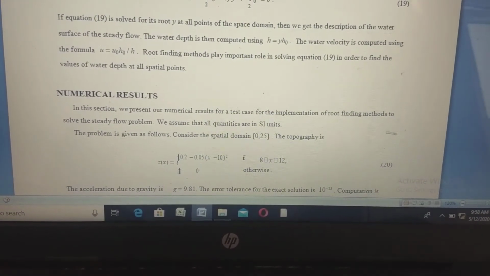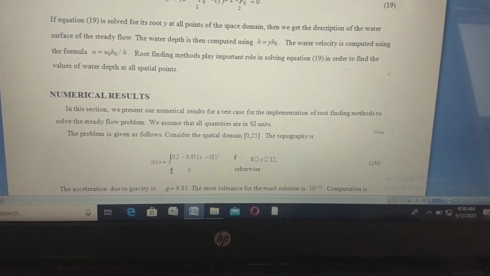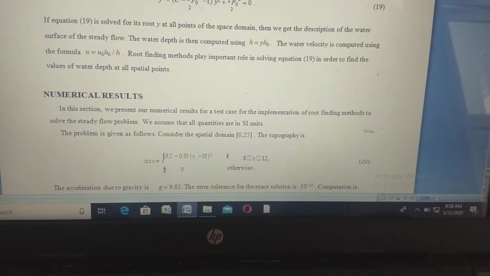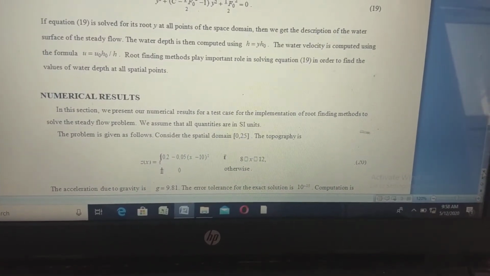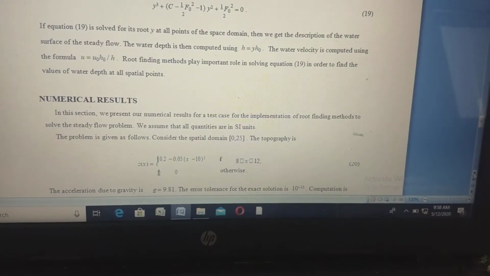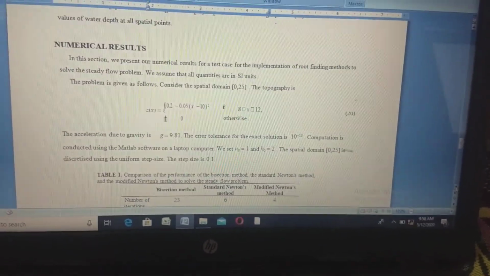The water velocity is computed using the formula u equal to u naught h naught by h. Root finding methods play an important role in solving equation 19 in order to find the values of water depth at all the spatial points.